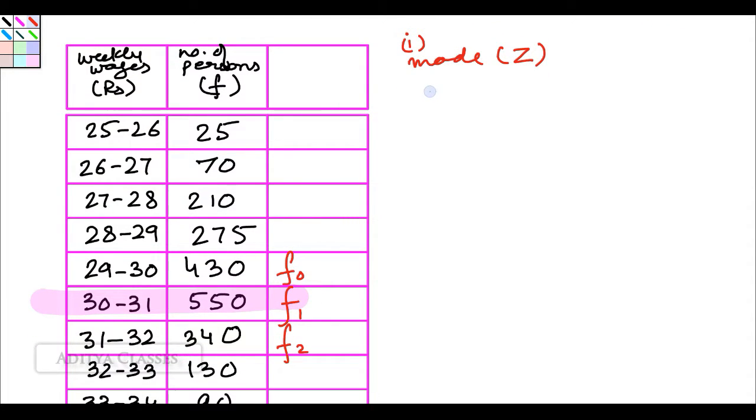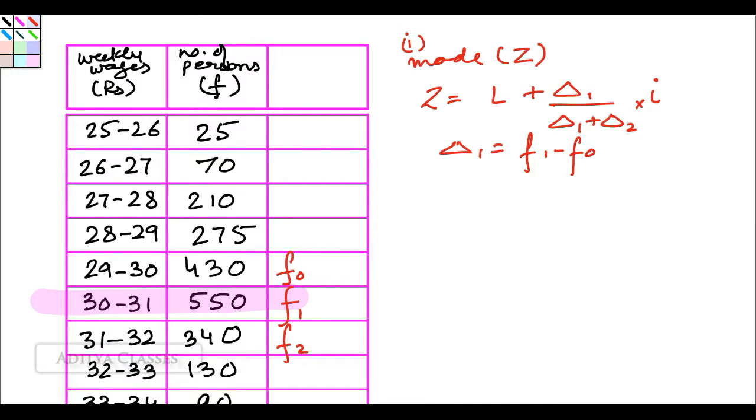What will be the formula for mode? It is Z is equal to L plus delta 1 upon delta 1 plus delta 2 multiplied by I. What is delta 1? It is the difference of the modal frequency and the preceding frequency, F1 minus F0.